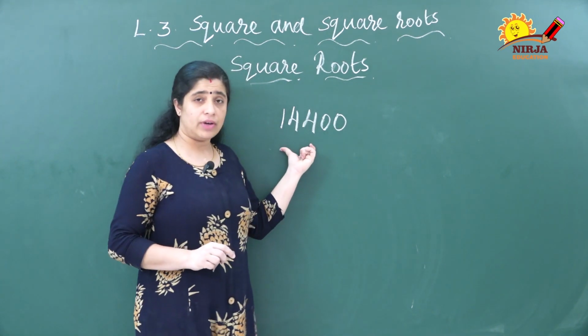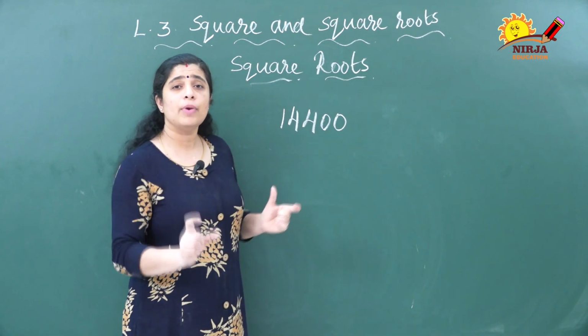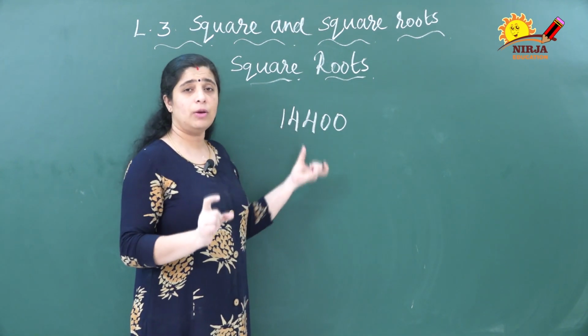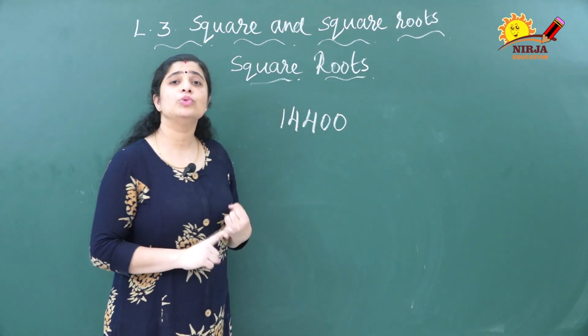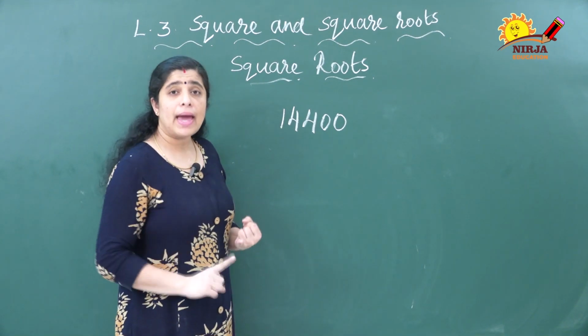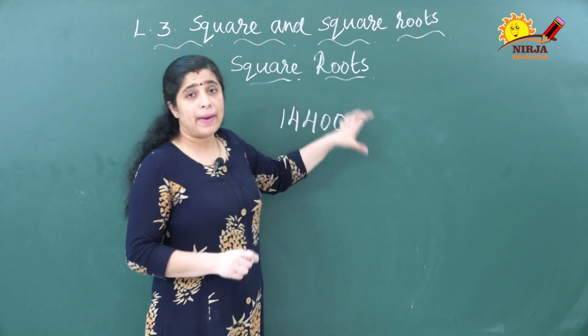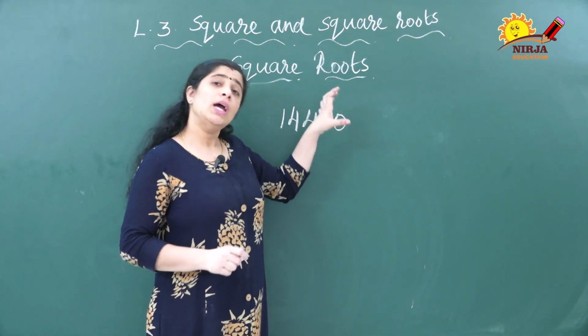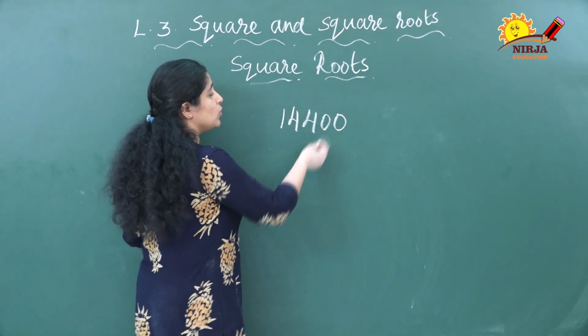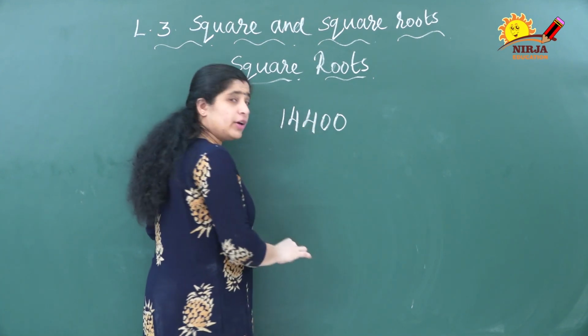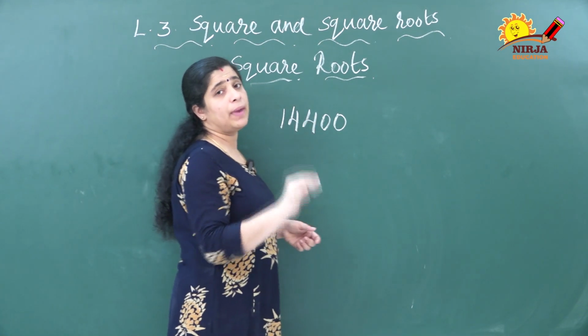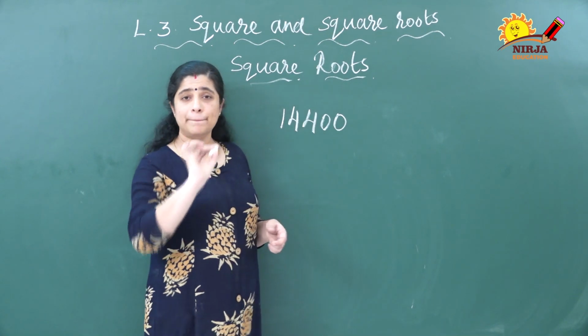Suppose this is the given number. To find the number of digits in its square root, you have to do the pairing of the number. The pairing should be done from the right hand side only. So I am going to do the pairing. After pairing you have to keep a bar over the pairs.